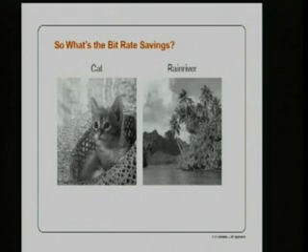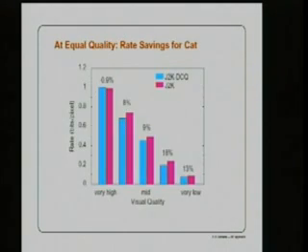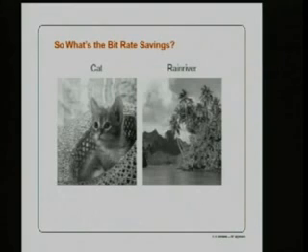So what do we get for a bit rate savings? I already said 30%. If we take these two images, for the cat, we don't see a big difference. The teal is using the new 15 numbers. The pink is using the default 15 numbers. The best we get is about 18% smaller at mid to low visual quality, and a slight loss at very high quality. The cat image has a lot of detail.